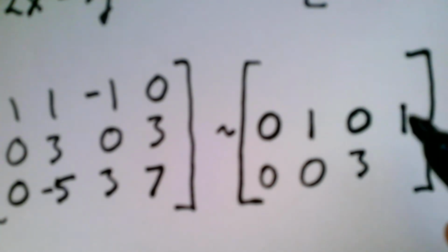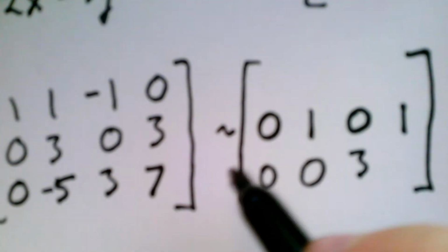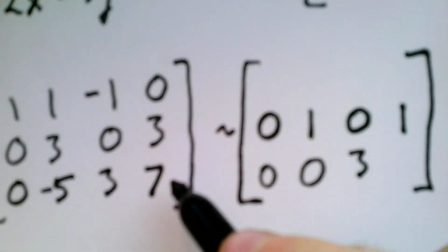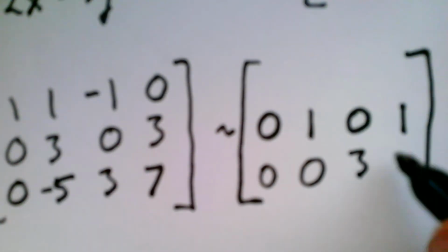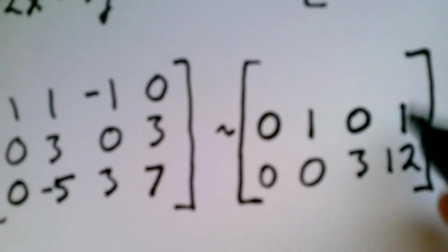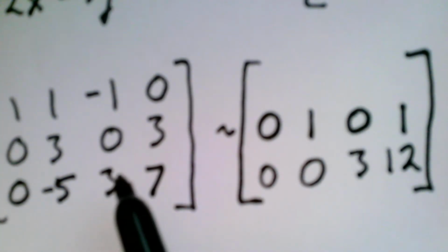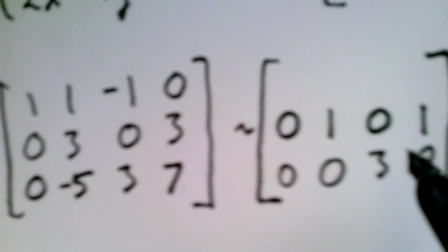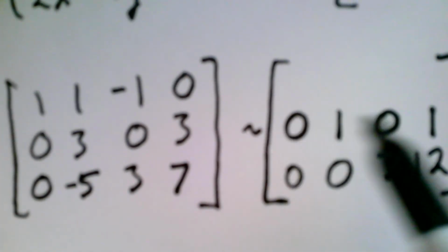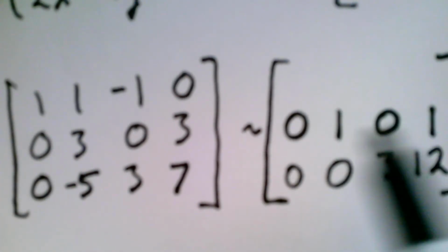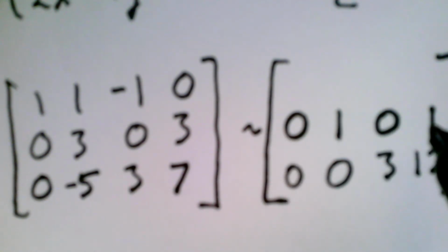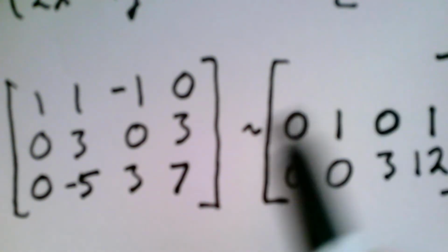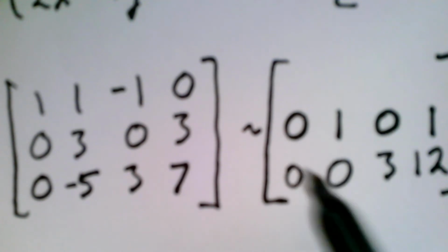And 5 times 1 is 5, plus 7 is 12. So to go from this matrix to this one, I divided the middle row by 3, and then I took this row, which is 0, 1, 0, 1, and I multiplied it by 5 and added it to the third row.